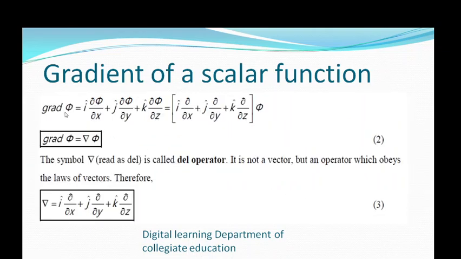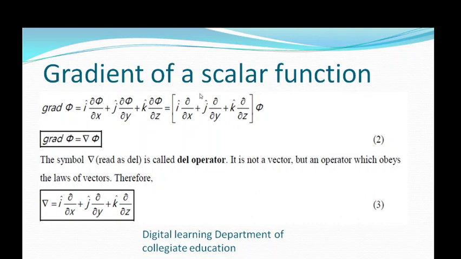Therefore, grad phi can be written as grad phi equal to i cap dou phi by dou x plus j cap dou phi by dou y plus k cap dou phi by dou z.